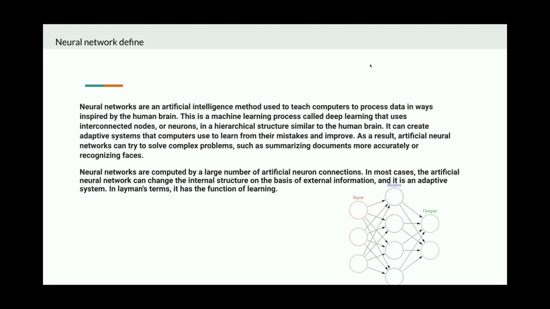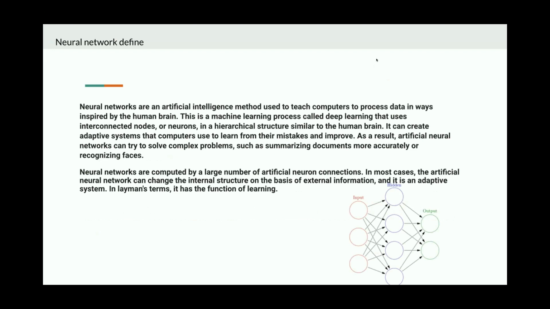A neural network is an artificial intelligence method to teach computers to process data in a way inspired by the human brain. It is a learning process called deep learning that uses interconnected nodes or neurons in a hierarchical structure, similar to the human brain, which creates an adaptive system that computers use to learn from their mistakes and improve.